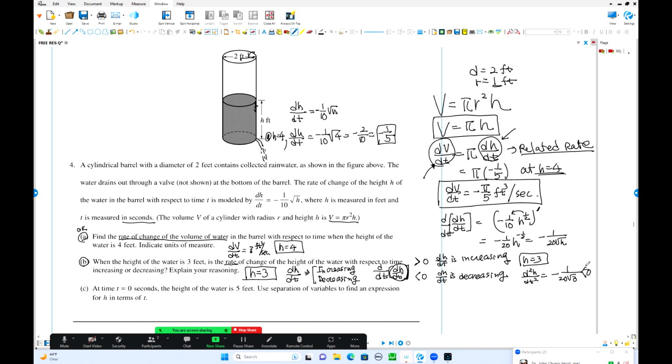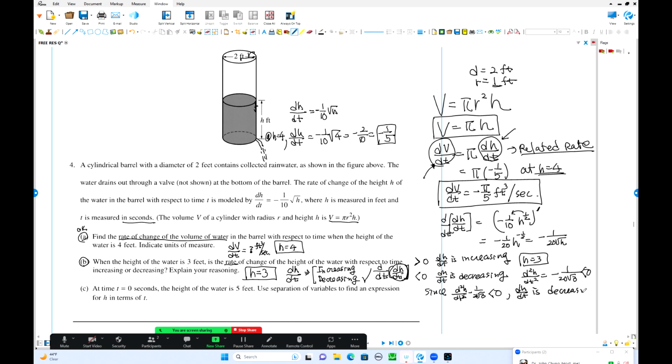So the second derivative is less than 0, and the first derivative is decreasing. You can explain it this way: d²h/dt² equals negative 1 over 20 root 3, which is less than 0, so dh/dt is decreasing.